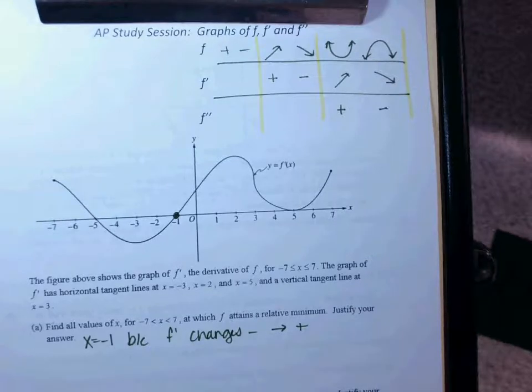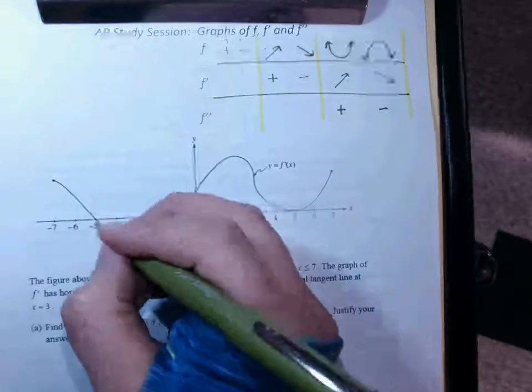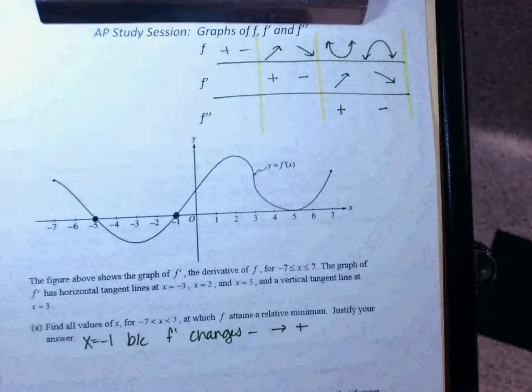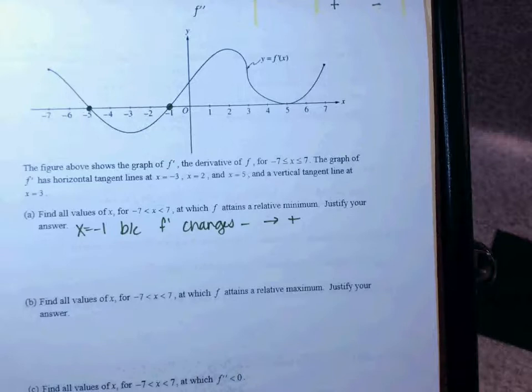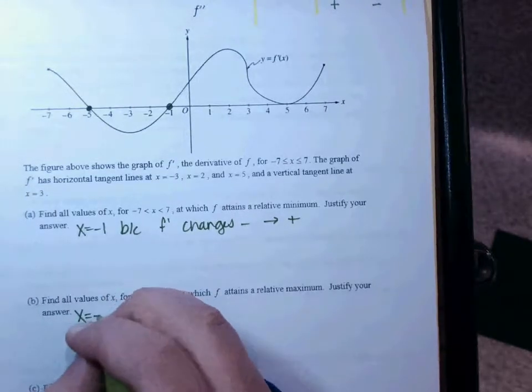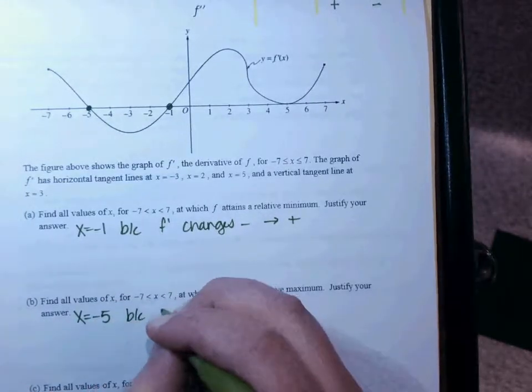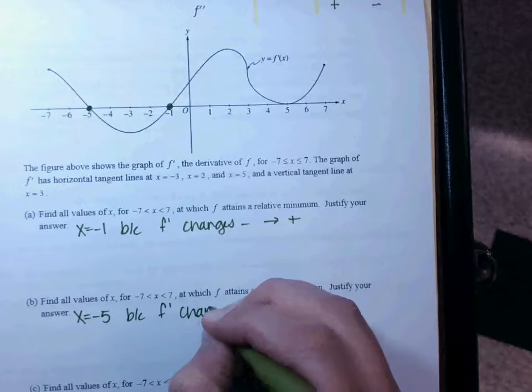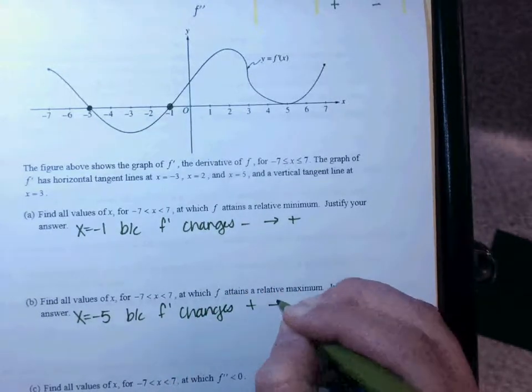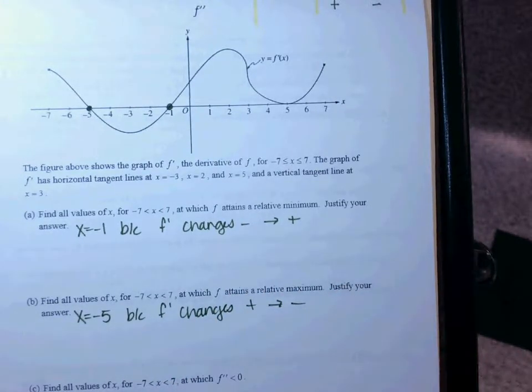And where would our relative maximum be? -5. So -5 would be our relative maximum because F prime changes from plus to minus. There's one other critical number that's a neither, at 5.